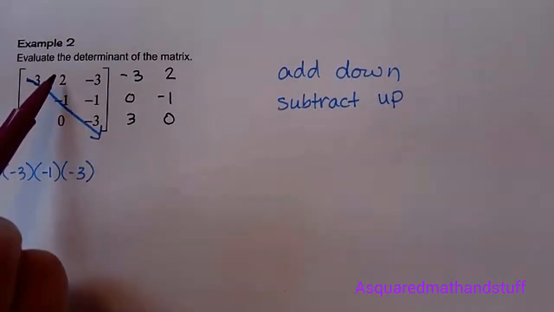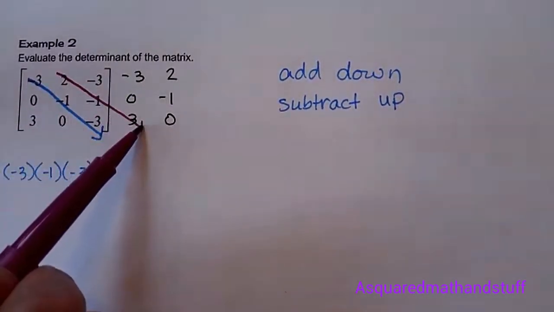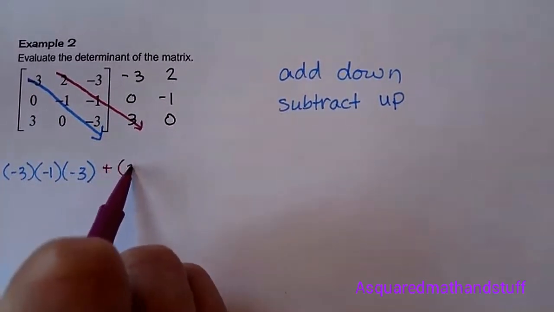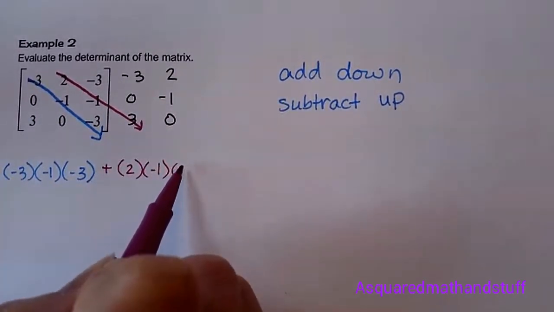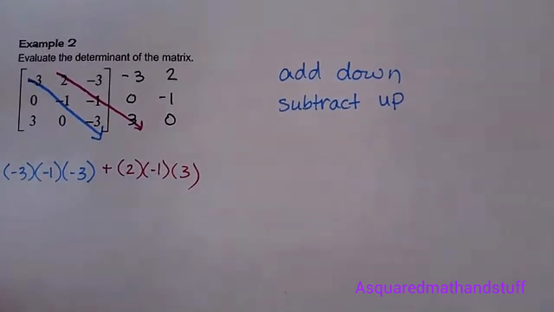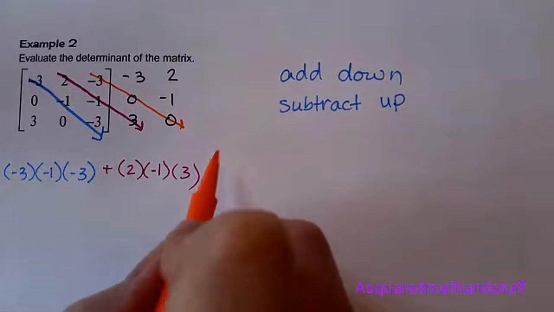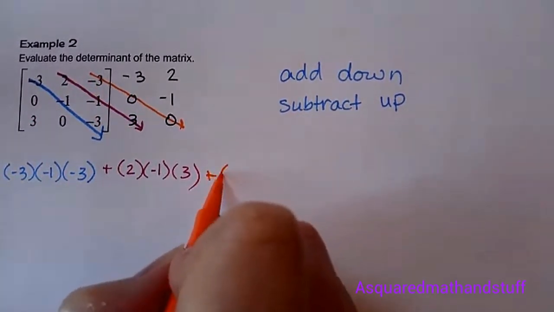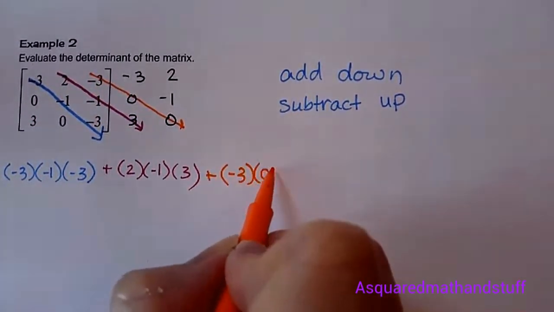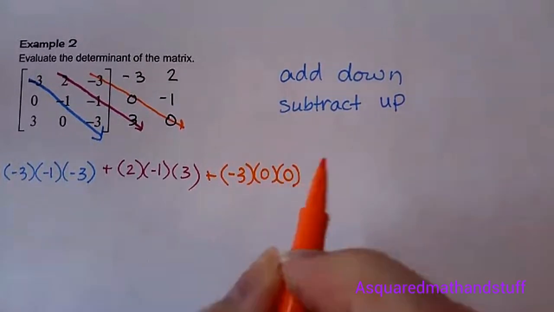We are then going down again, so we will add 2 times -1 times 3. Going down our last time, we will have plus, because we're going down, -3 times 0 times 0.